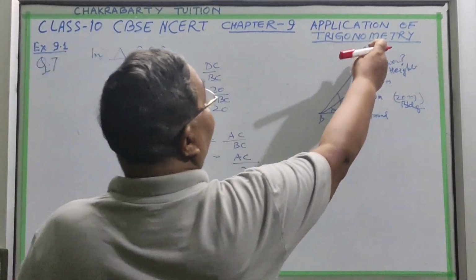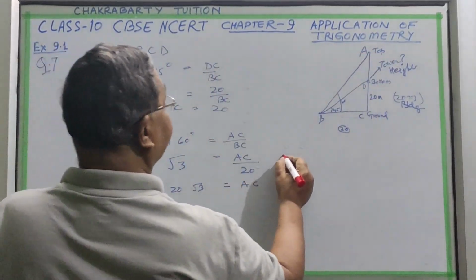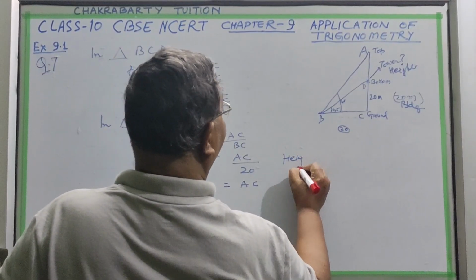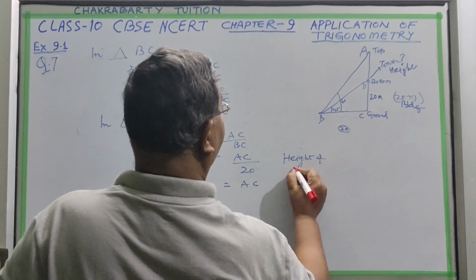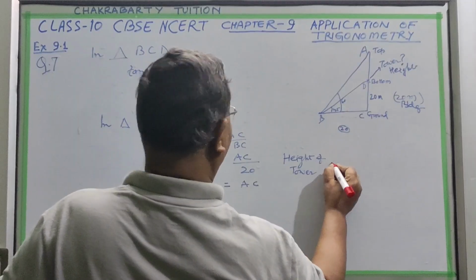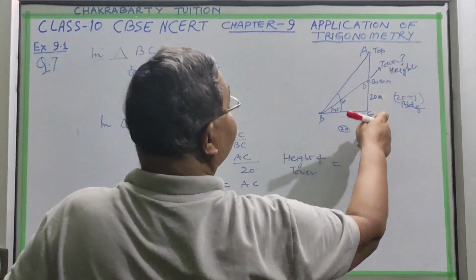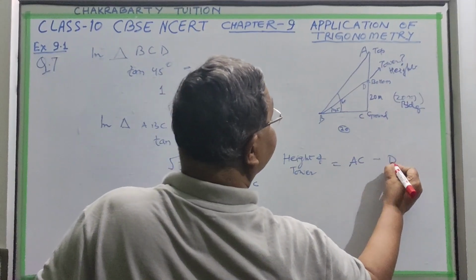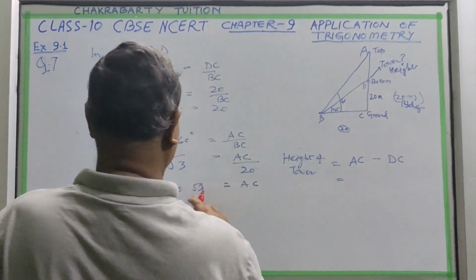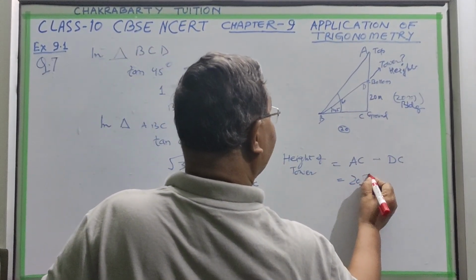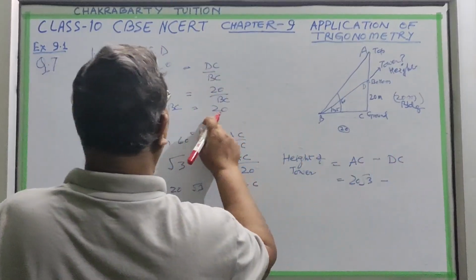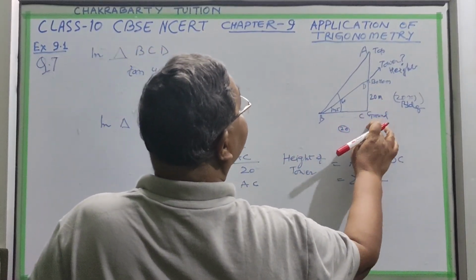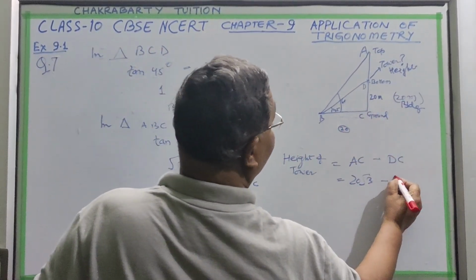Now we will find the height of the tower. The height of the tower is AC minus DC. AC you have found as 20 under root 3, minus DC which is given as 20.